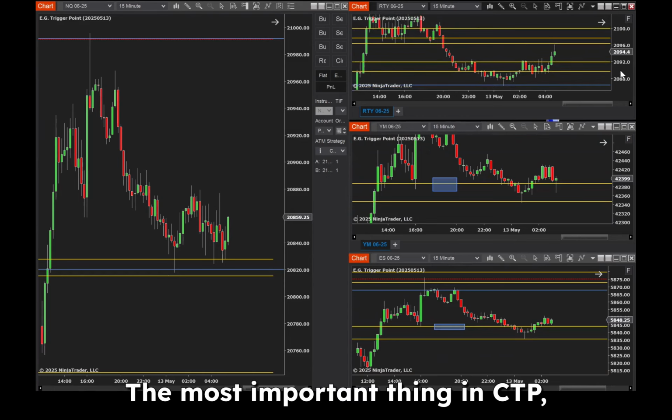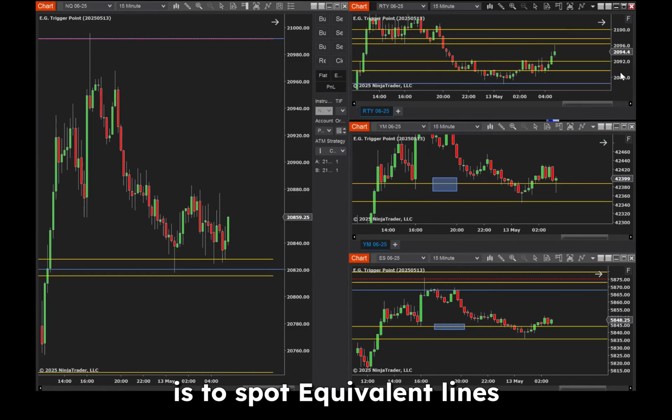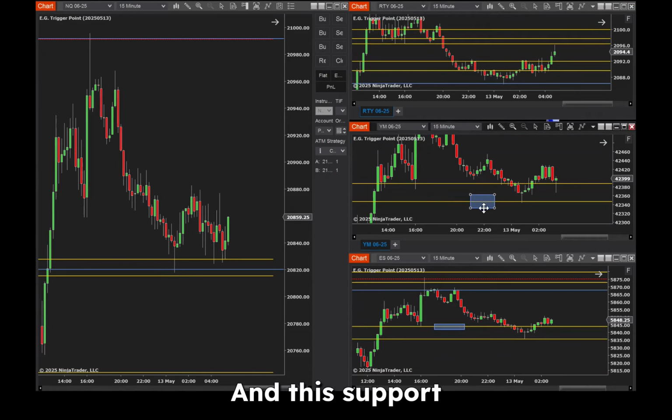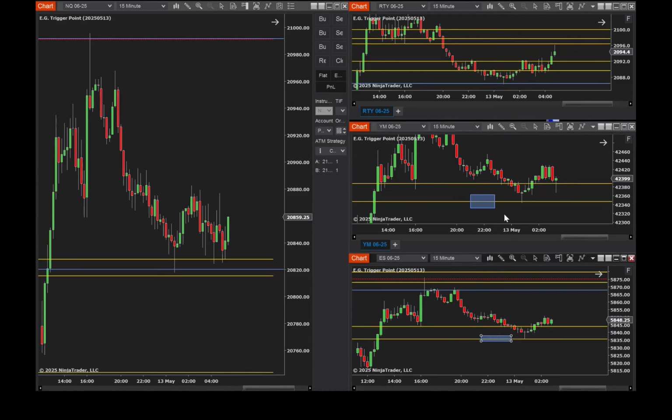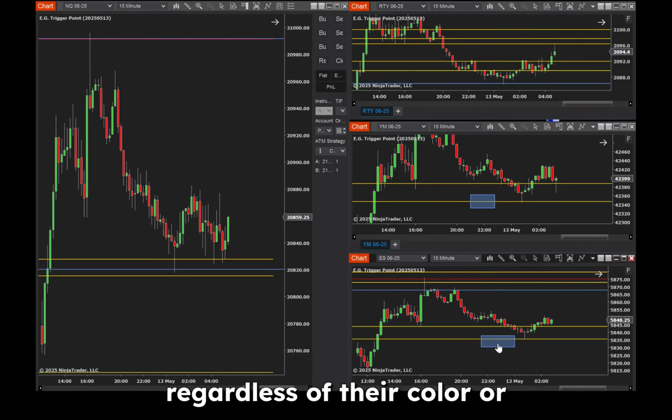The most important thing in CTP, guys, is to spot equivalent lines, like I did here, okay? And this support is equivalent to this support. These are equivalent lines regardless of their color or whether they are dashed or solid, okay?